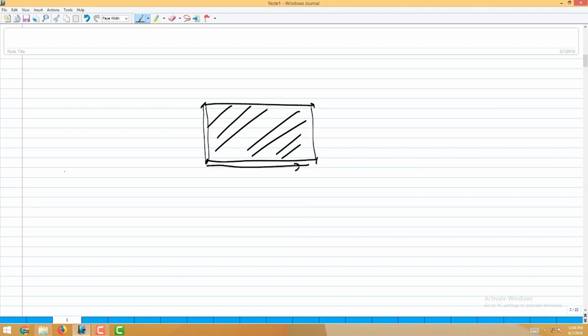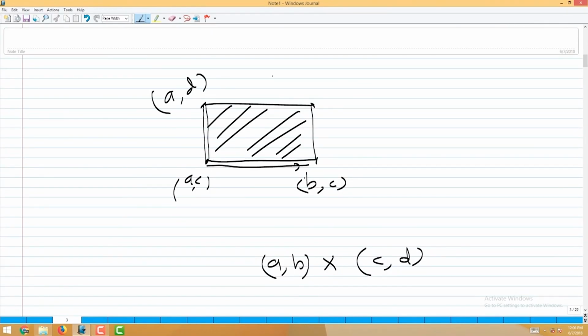In the x axis you find an interval a comma b, and in the y axis an interval c comma d, then this becomes AC, BC, AD, BD. So, this will be the rectangle. That is why axis parallel rectangles.